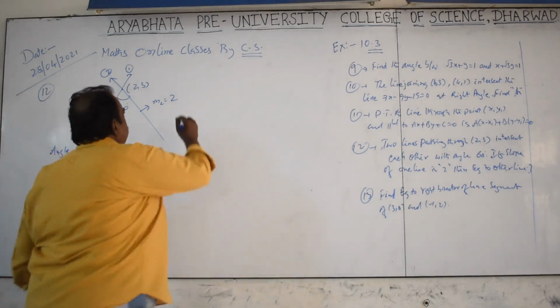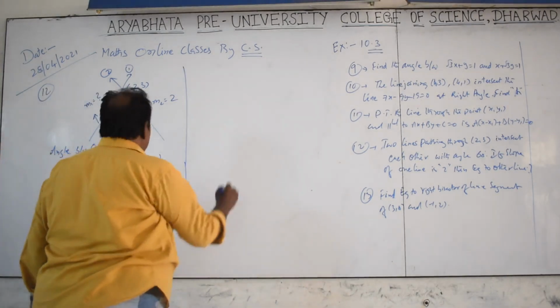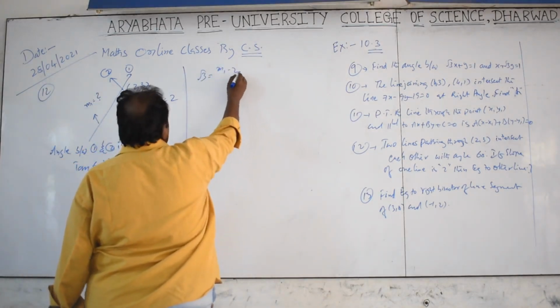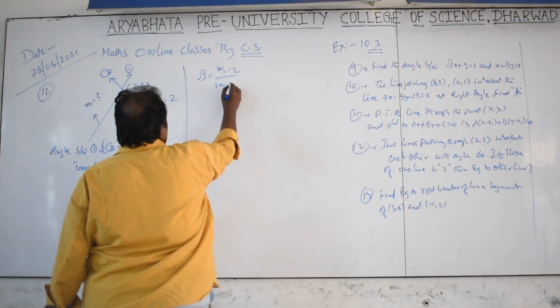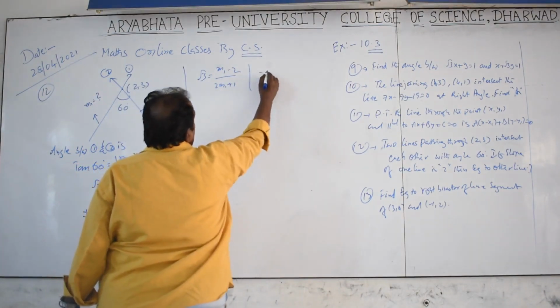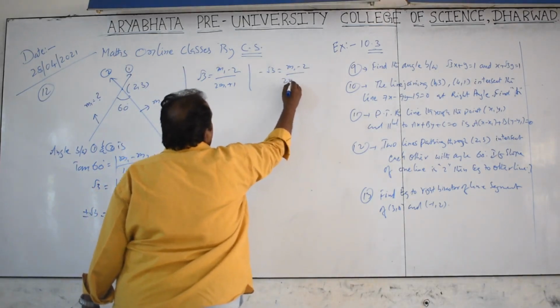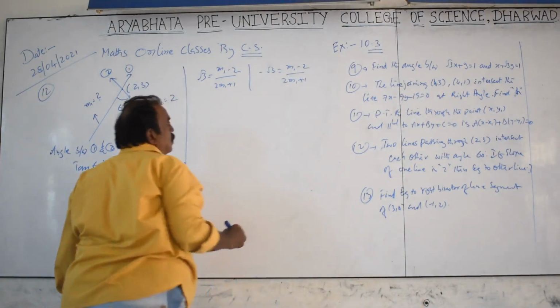First you take plus root 3 is equal to (m1 minus 2) by (2m1 plus 1), and minus root 3 is equal to (m1 minus 2) by (2m1 plus 1).